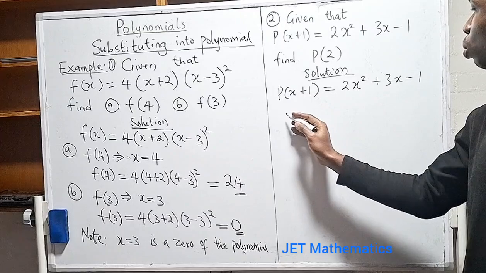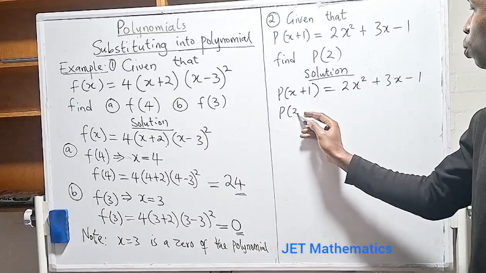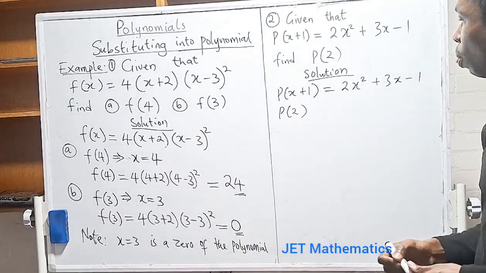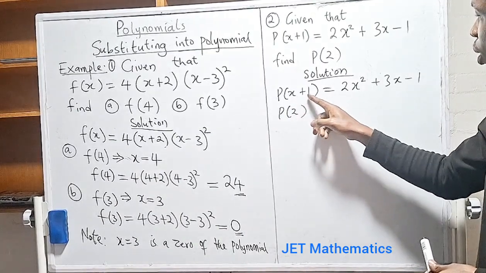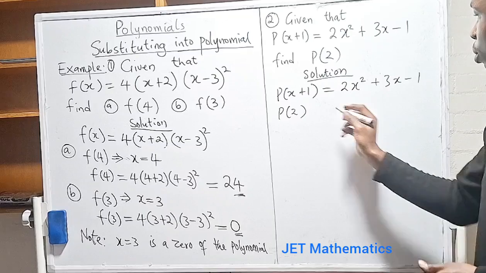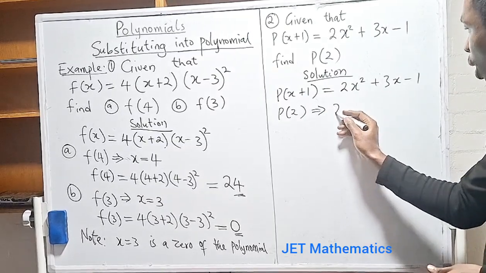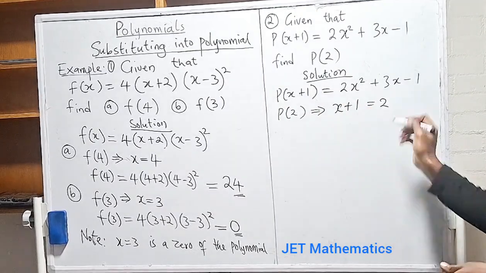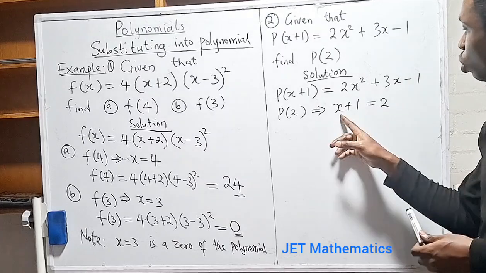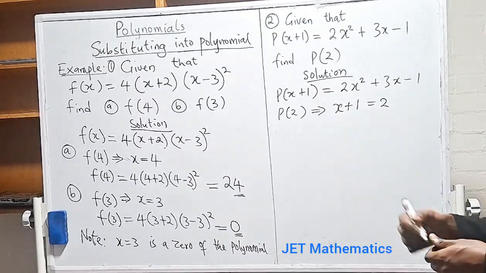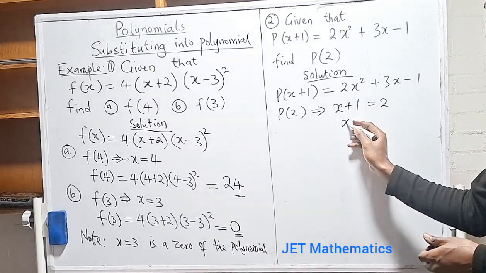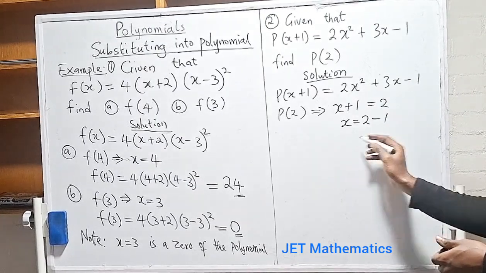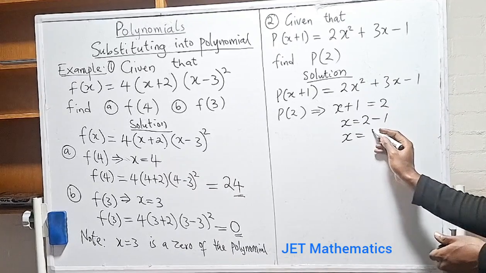Now we're asked to find p of 2. Just the way we did that, x plus 1 is represented by 2 here. That means x plus 1 is equal to 2. Now all we need to do is to get the value of x, so that x is equal to 2 minus 1, and then x is equal to 1.